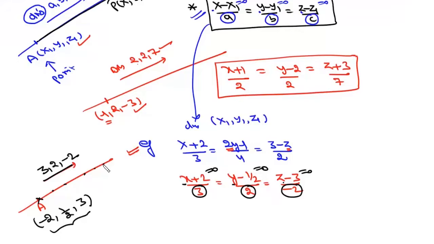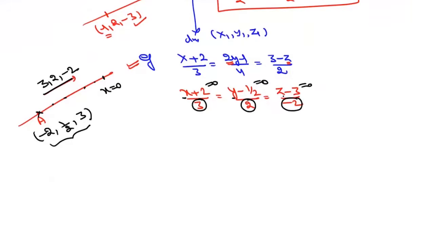Suppose we have to find a point in which x coordinate is 0. Now if we put x as 0, we can write this equation as 2 by 3, y minus 1 by 2 upon 2, and this is z minus 3 upon minus 2.